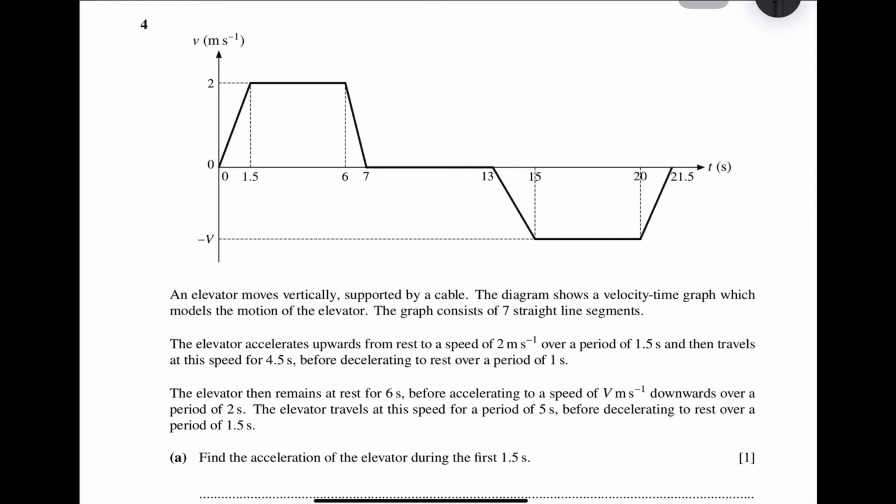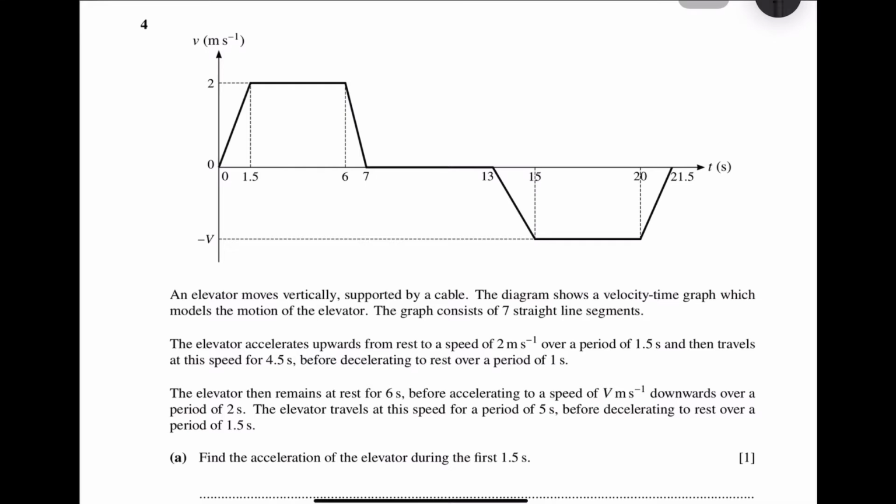An elevator moves vertically supported by a cable. The diagram shows a velocity-time graph which models the motion of the elevator. The graph consists of 7 straight line segments. The elevator accelerates upwards from rest to a speed of 2 meters per second over a period of 1.5 seconds, then travels at this speed for 4.5 seconds before decelerating to rest over a period of 1 second.